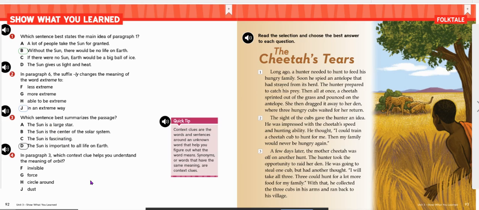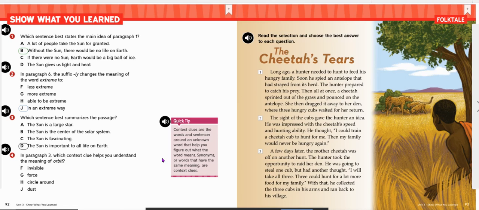And number 4, in paragraph 3, which context clue helps you understand the meaning of orbit? So you would have needed to go back to paragraph 3 and reread paragraph 3 to decide what your context clues were to help you determine the meaning of orbit.